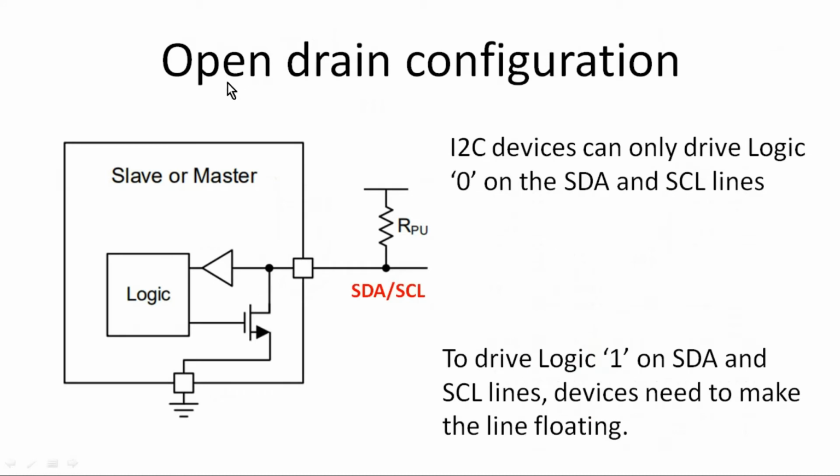Friends, I am going to discuss the open drain configuration now, and I have considered this particular I2C device. It can be a master or slave, and this is the internal digital logic. This logic is driving the gate of this NMOS, and the drain of this NMOS is connected to the input-output pad where we are connecting the SDA or SCL line.